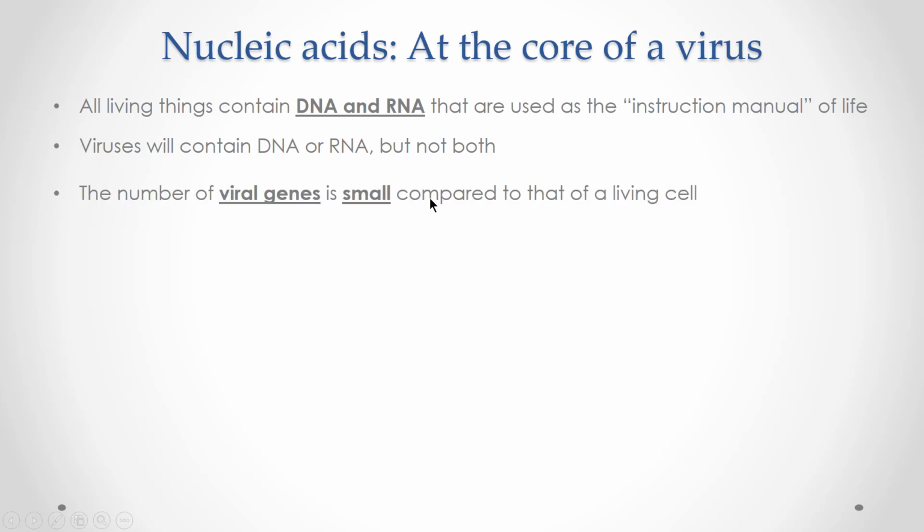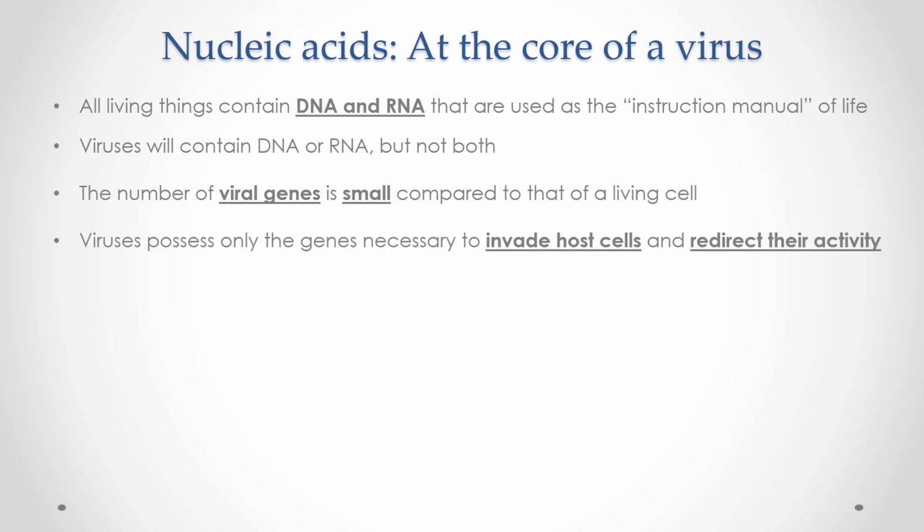But what's more relevant is that they'll use that to infect the cell. So viruses have the same genetic language, but it's a very minimal amount of information. And so they carry just a few viral genes in many cases that they're attempting to get into the host cell, which, when it comes to human viruses, would be like you and I. They want to get the viral nucleic acids into a host cell.